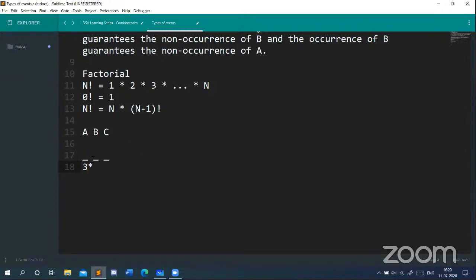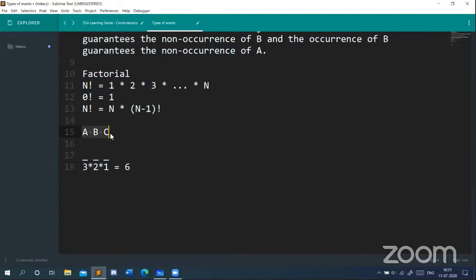And the number of ways in which I can put anything in the first blank is independent of the number of ways in which I can put anything in the second blank. So I have two choices in the second blank, and I multiply because these are independent events. And I'm left with just one choice here, so I multiply this by 1, and I get 6 as my answer.